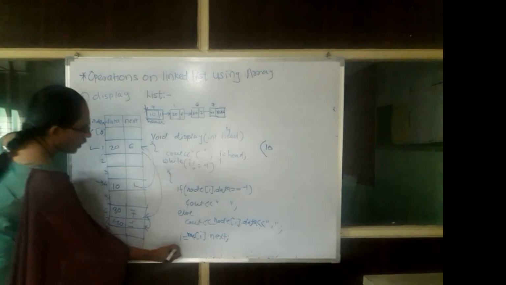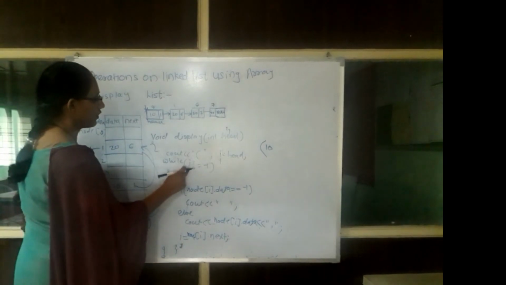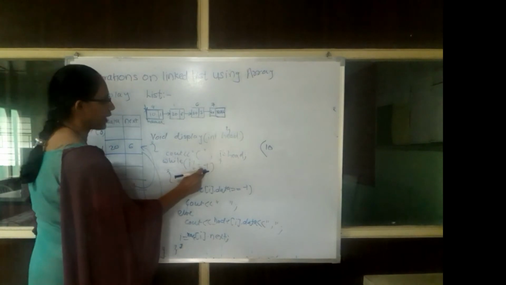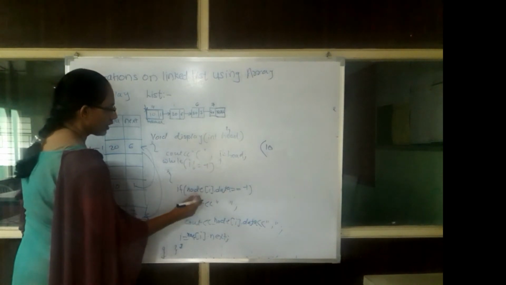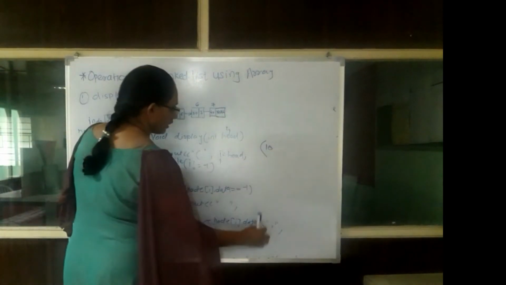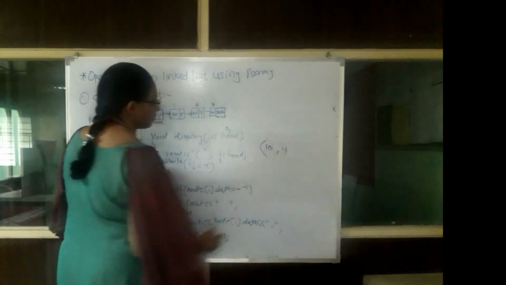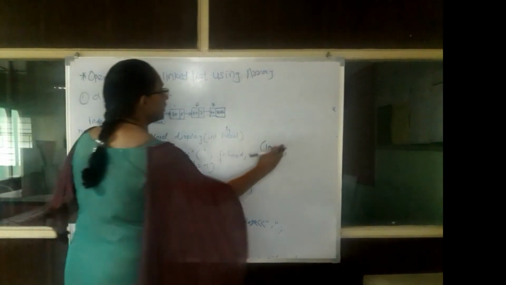It is 1. So I is now 1. Again it will go here, whether 1 is equal to -1. No, the condition is true, so it goes here. Okay, there is no blank data, so it will print here a comma.